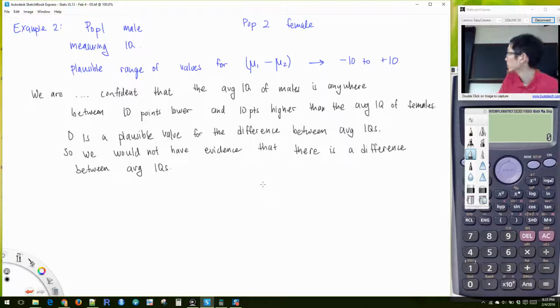We are creating intervals for the difference, and so if that interval contains 0, we would not have evidence that there's a difference between the mu's in the population. There could be a difference, but until we actually find out the true value of mu1 and mu2, we have to just say, you know, we haven't taken a big enough sample to answer this question yet.